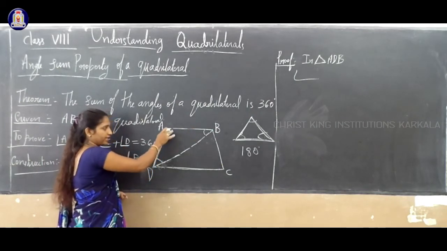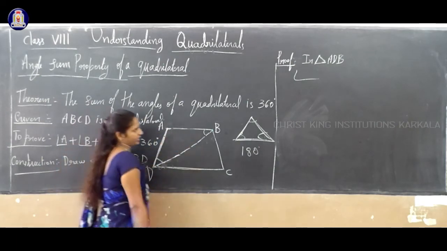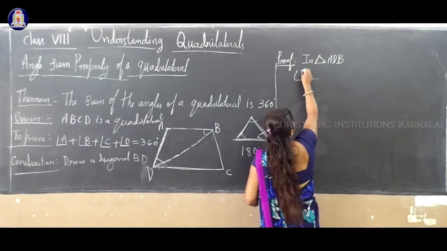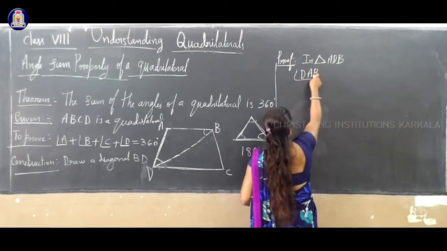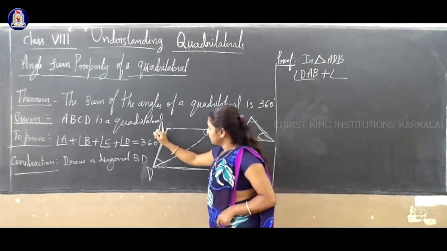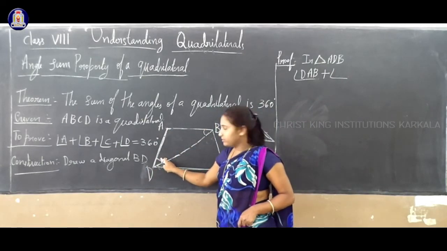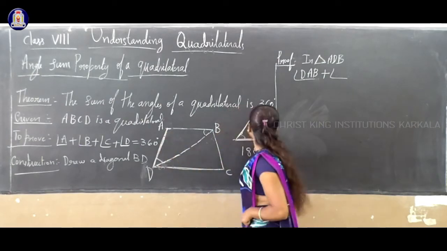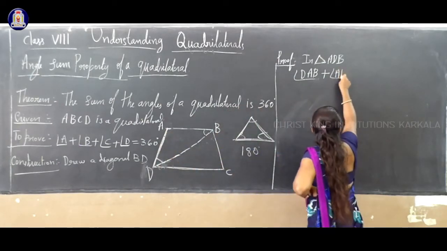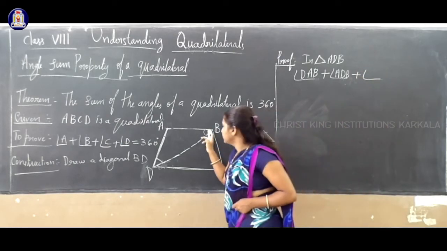If you are writing angle A, that comes in the middle. So angle DAB plus angle ADB, so we are considering this angle in the middle. So angle ADB plus one more angle, that is angle B.